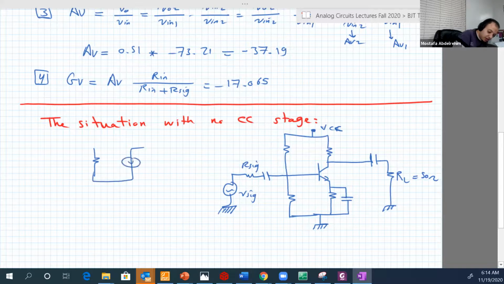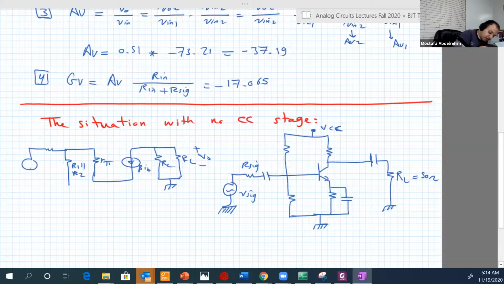Let's draw it very quick. RC, RL, here is VO, beta IB. Now there is no stage two because it's just one stage, and R1 parallel R2, R signal and V signal.